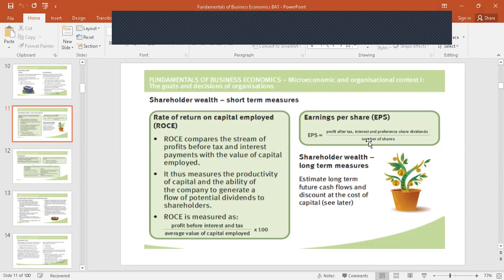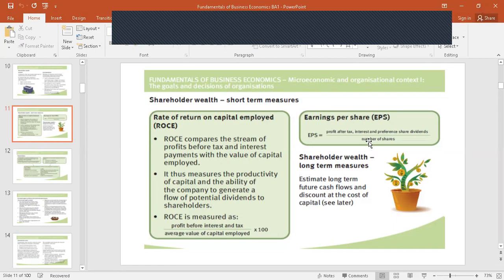Now, shareholder wealth: long-term measures estimate long-term future cash flows and discount at the cost of capital. Because the financial management aspect of it is also taken into consideration, we would be using certain techniques of financial management. So if cash flows are expected to be generated in the future, how do we consider that, and then assess or calculate the value of share capital as on today?